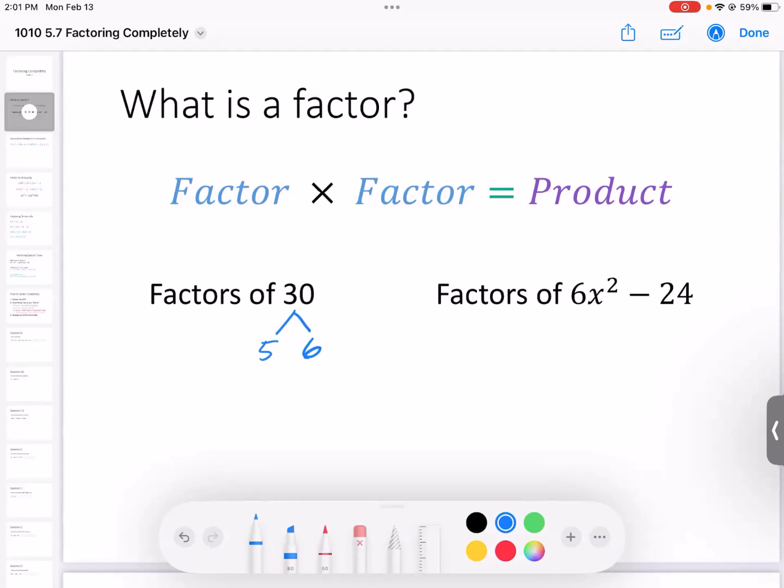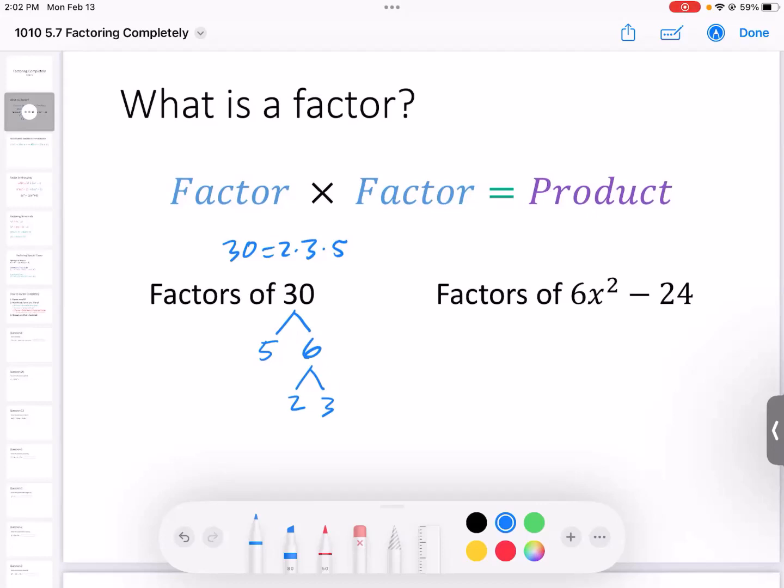And so with numbers, if you're trying to completely factor a number, you break it down into factors, and then you look at the individual factors and see if you can break that down even further. So 6 is 2 times 3, and those cannot be broken down into further factors. And so 30 equals 2 times 3 times 5, and that would be the fully factored version of 30.